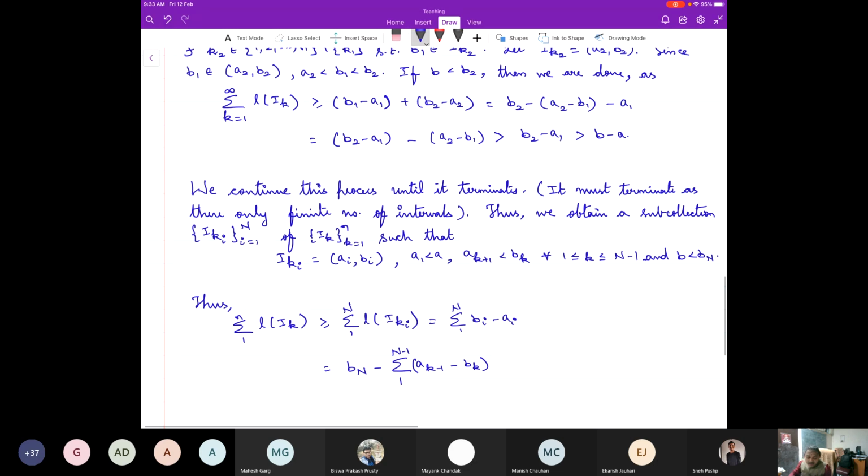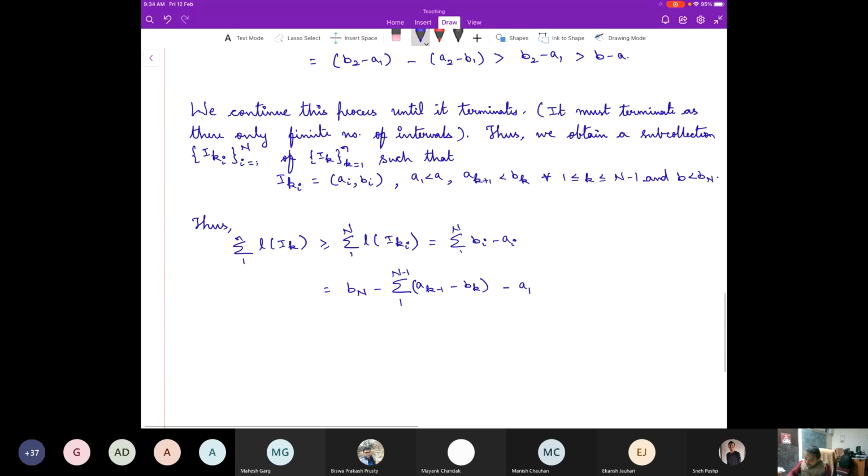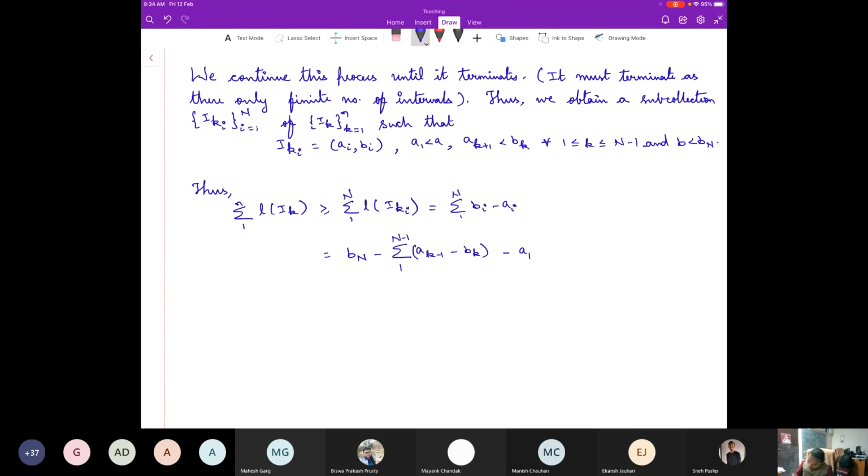Now we are doing it for n terms. And then we will be left with the first term, which is a_1, right? As usual, the middle term is a negative quantity and we are subtracting it, therefore it's positive. Therefore, this is bigger than b_n minus a_1, and the conditions we have imposed tell us that this is bigger than B minus A.